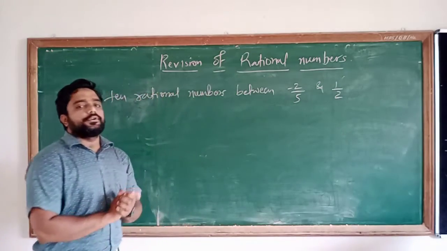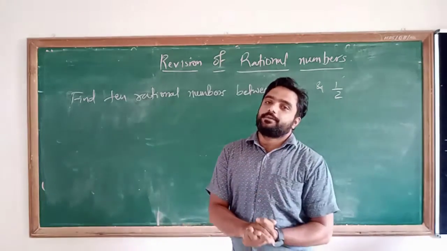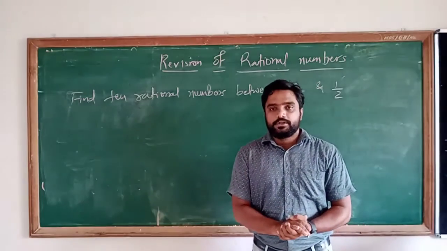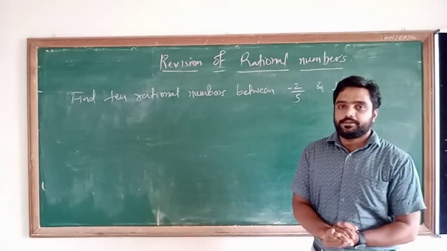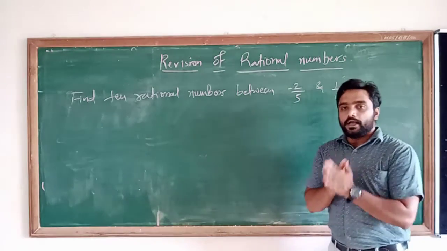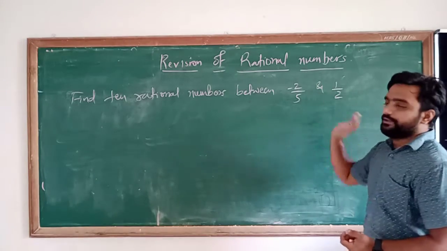Now in order to find the rational numbers between both of them, we have to follow the easiest method. In that method, you have to obtain the same denominator for both of the rational numbers.